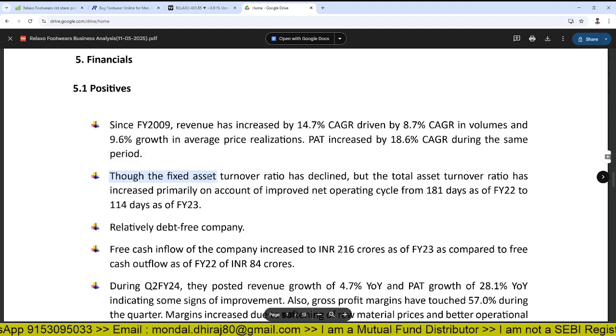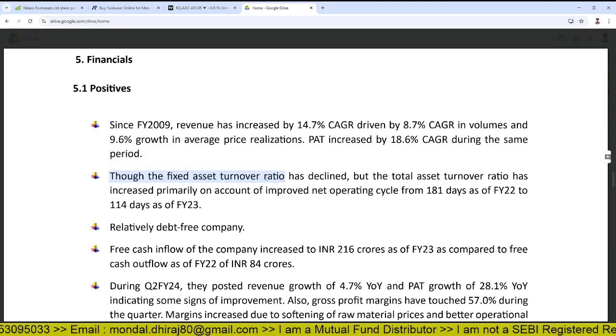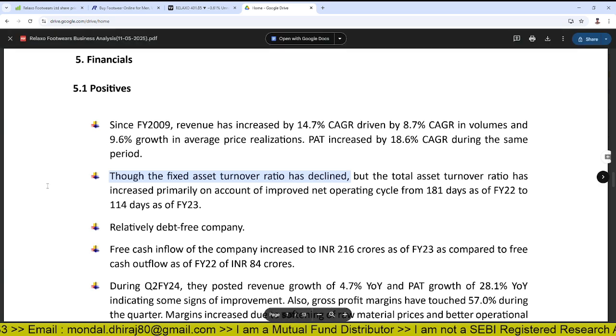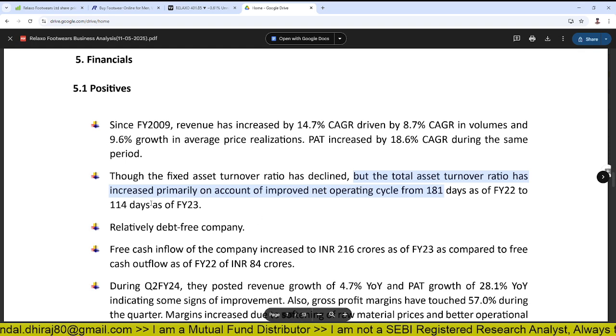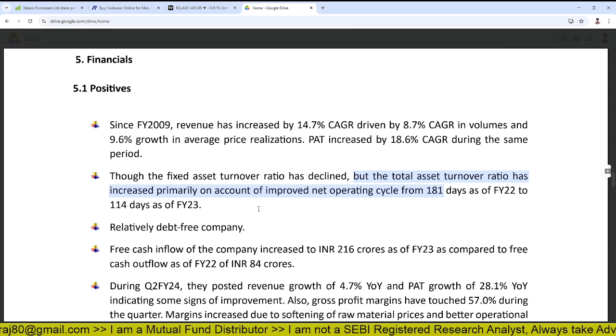Though the fixed asset turnover ratio has declined, the total asset turnover ratio has increased primarily on account of improved net operating cycle, from 181 days as of 2022 to 114 days as of FY 23.